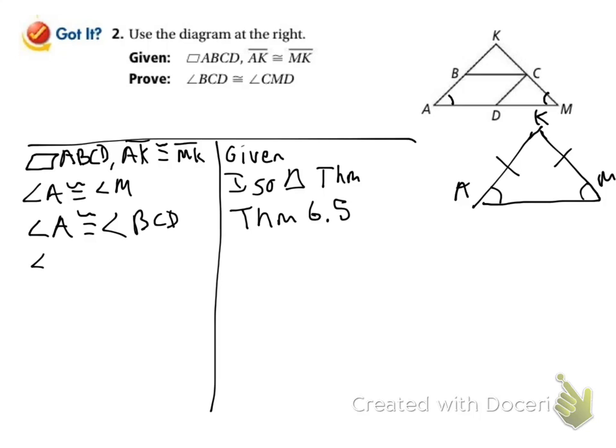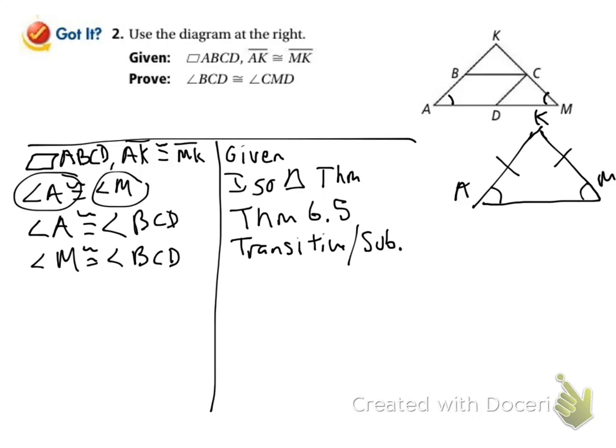And then now I'm allowed to say that angle M is congruent to angle BCD by either transitive or substitution. Remember transitive, if M is congruent to A and A is congruent to BCD, then M is congruent to BCD. And there you go, there's my proof. I just have a different name up here. That's also the same thing as CMD.